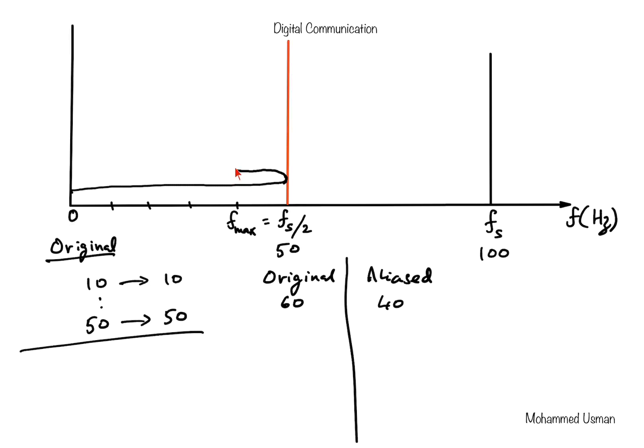So it has now covered 60 units. So when it comes to 60, it is now corresponding to 40 here. So that's 10, 20, 30, and that's 40, and here we have 50. So 60 becomes 40.